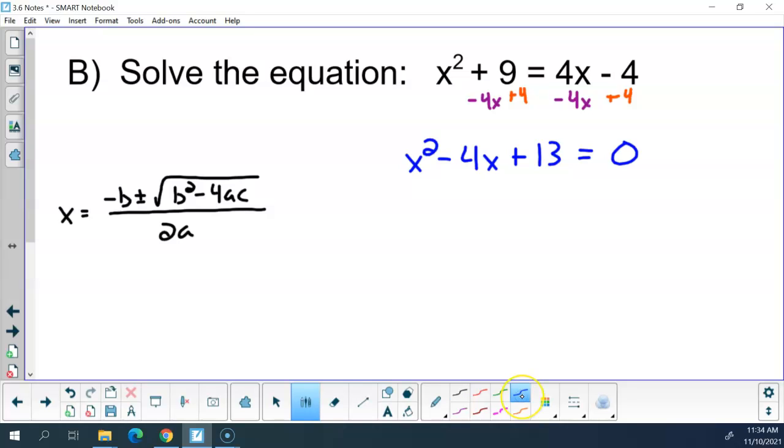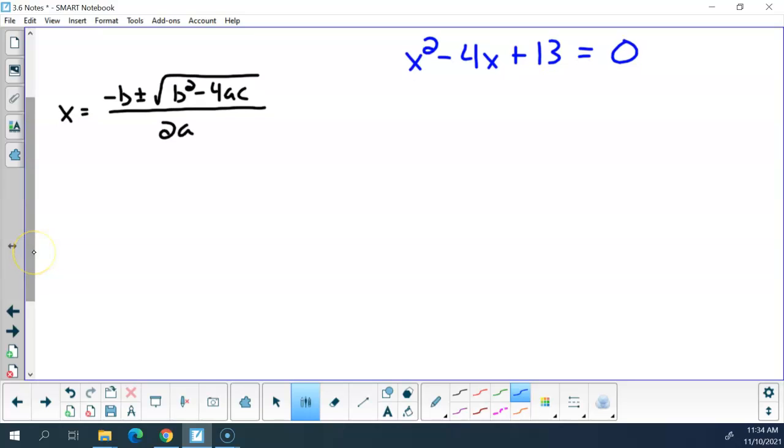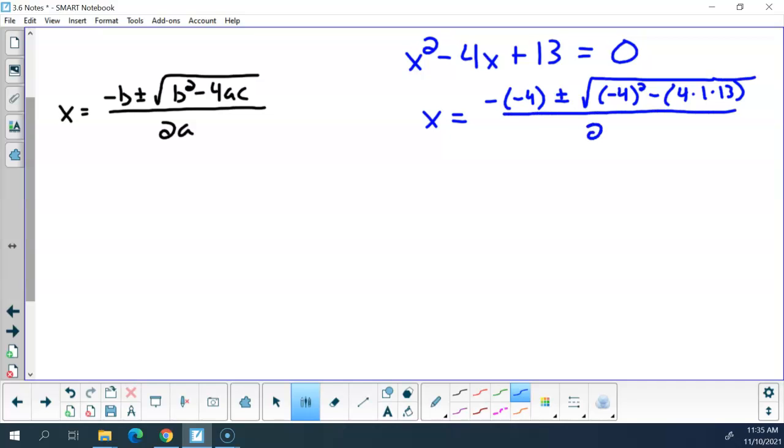Alright, let's do this. So we've got x here is going to be equal to the opposite of -4 plus or minus the square root of -4 squared minus 4 times 1 times 13 all over 2 times 1. Agree with me on that.